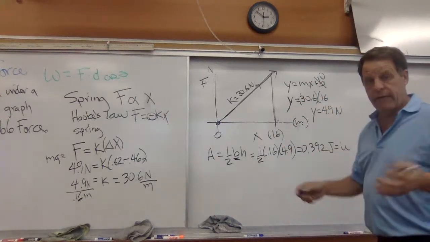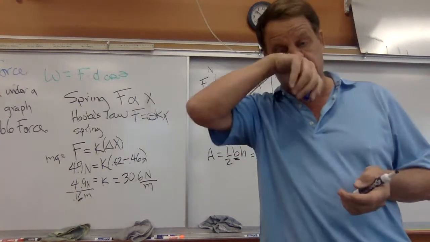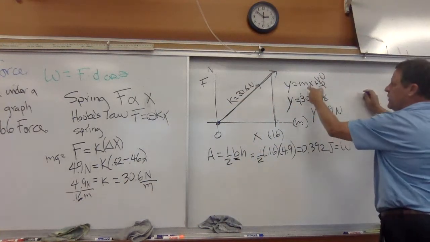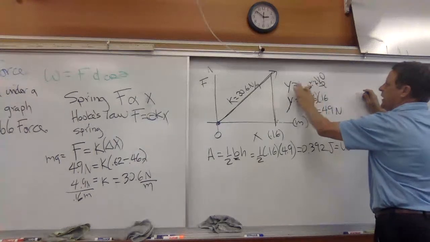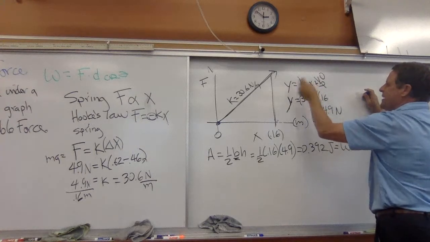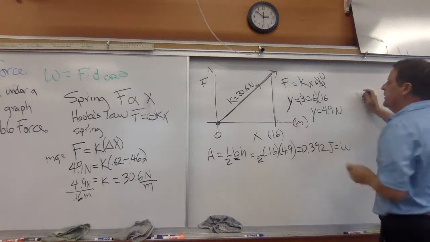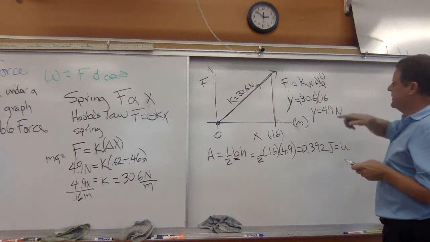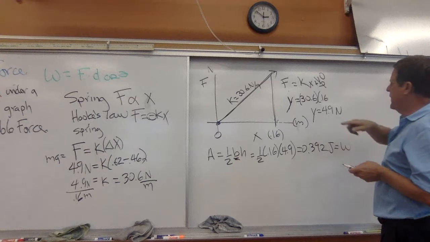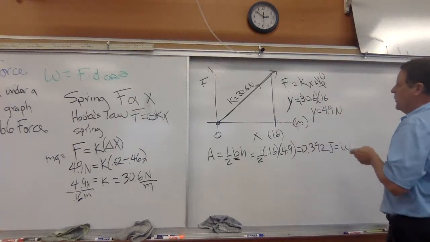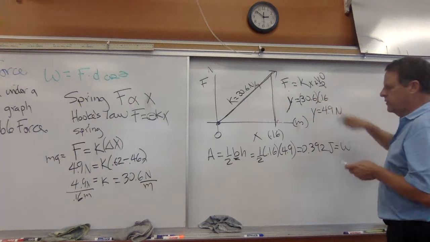But now I want to talk about having a formula that's going to give us work. Remember, this m right here is kind of the equivalent of our k here, and this y is equal to the force. Now, how did we get this y value? How did we get this force? Well, we did k times x.